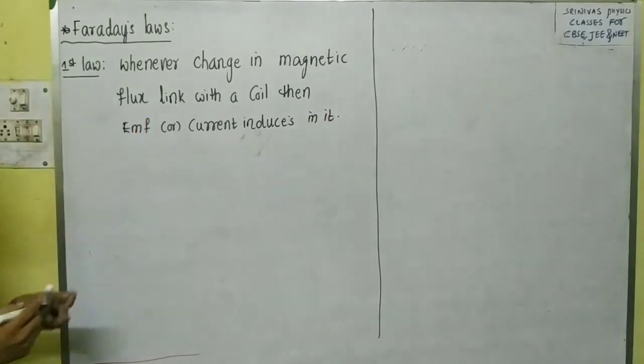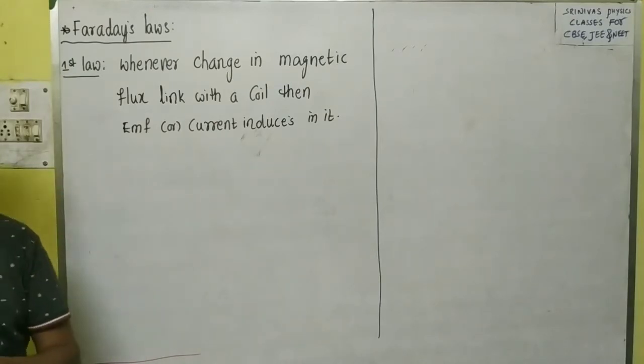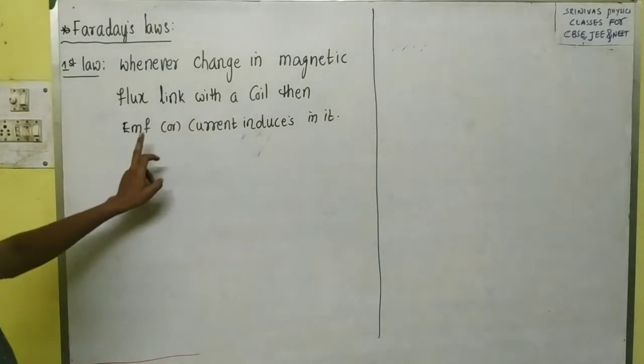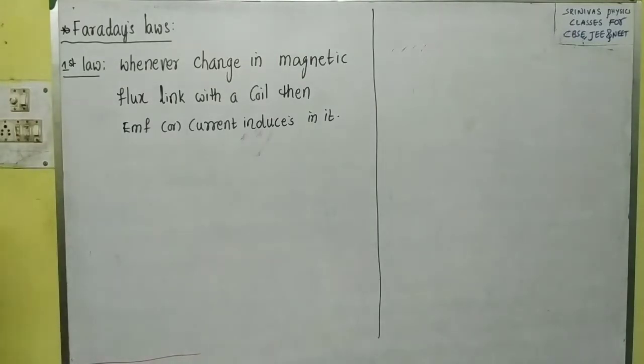Simple. The change in magnetic flux induces current. When the magnetic flux changes, then the current is induced. This is Faraday's first law. Whenever the magnetic flux linked with a coil changes, then EMF or current is induced in the coil. This phenomenon is called the first law.